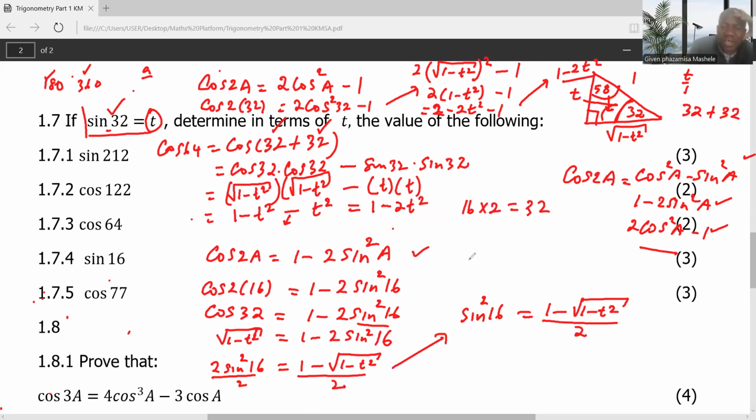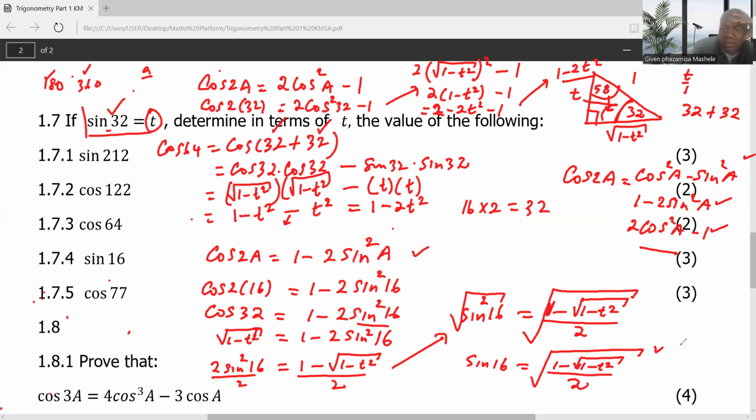And since we want sine 16, we just put the root sign without allowing plus or minus. So sine of 16 is the root of 1 minus the root of 1 minus t squared, over 2. So this is the answer.